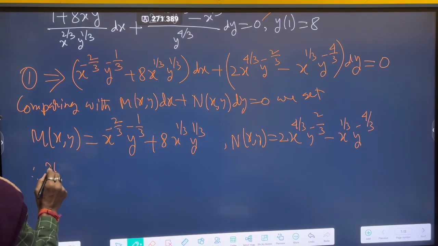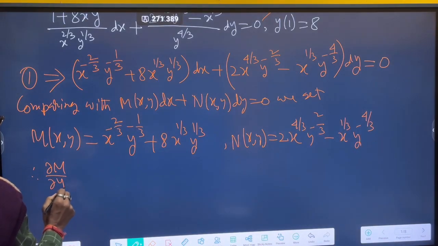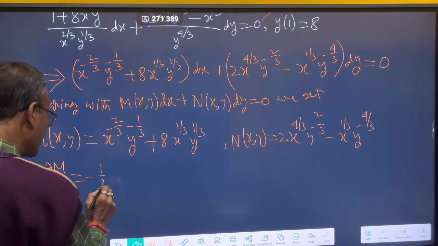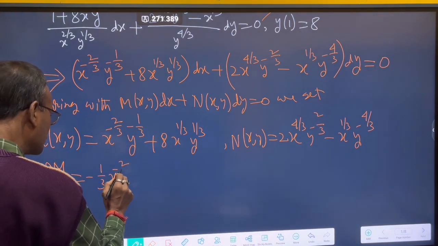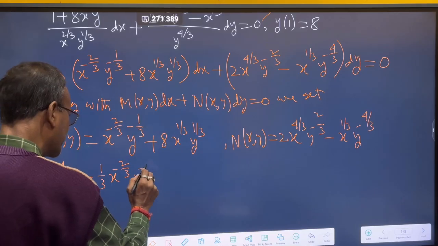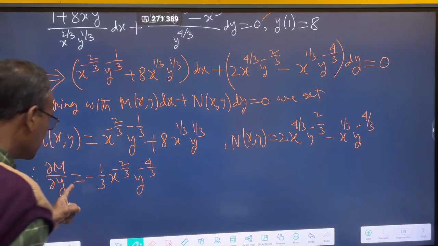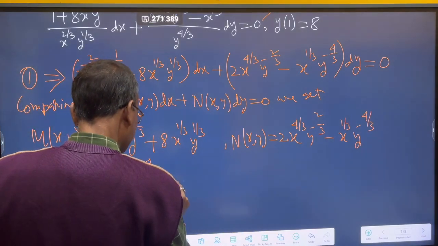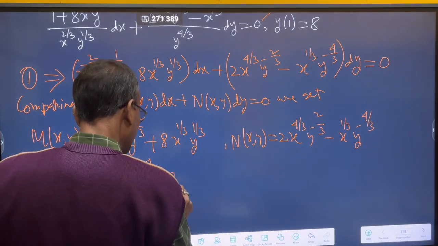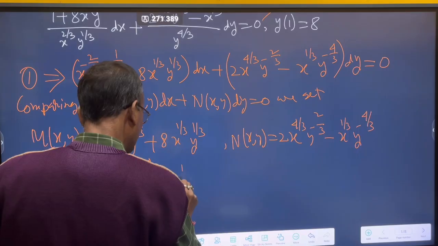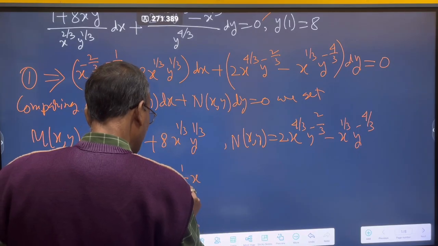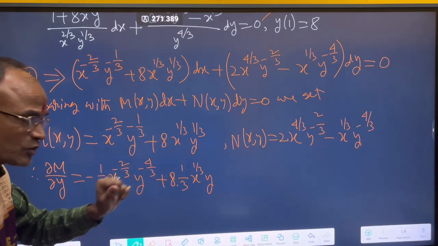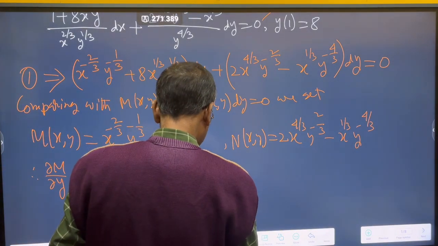Therefore, del M by del y. What is del M by del y? It will be minus 1 by 3 x to the power minus 2 by 3 y to the power minus 4 by 3, differentiating partially with respect to y, treating x as constant, plus 8 into 1 by 3 x to the power 1 by 3 y to the power 1 by 3 minus 1, which means minus 2 by 3.